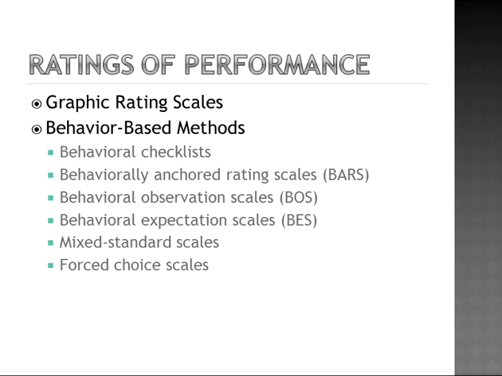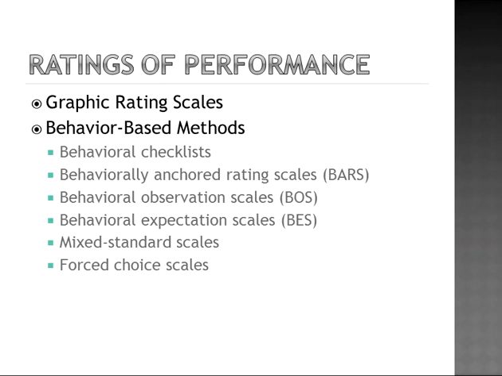Then we look at ratings of performance. We can use graphic rating scales or behavior-based methods, such as behavioral checklists or behaviorally anchored rating scales, behavioral observation scales, behavioral expectation scales, mixed standard scales, or forced choice scales.